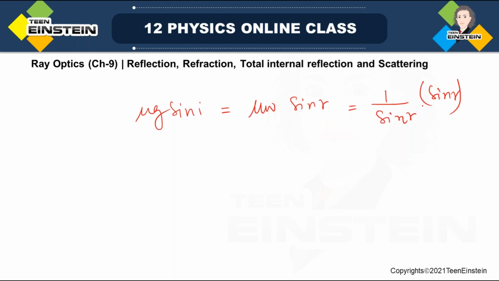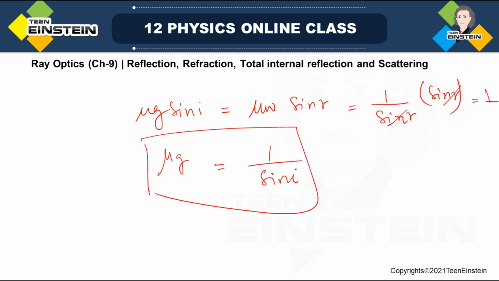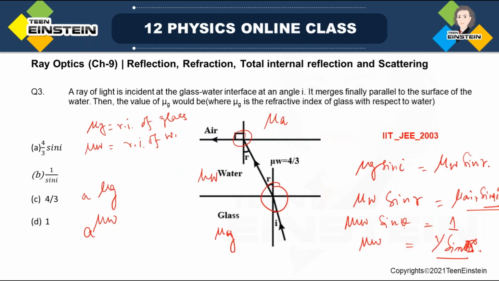So this gets cancelled, this gets 1. So mu g will be actually 1 over sin I. So this is the answer. Mu g is equal to 1 over sin I.